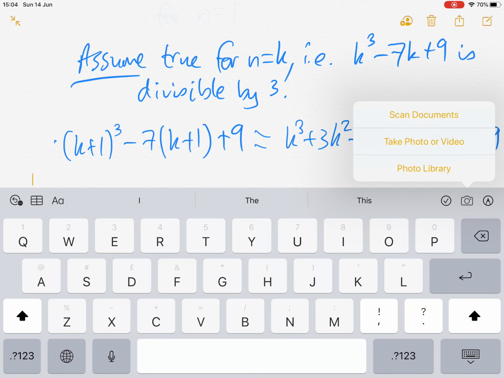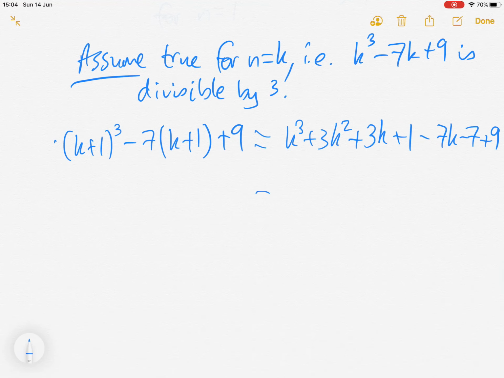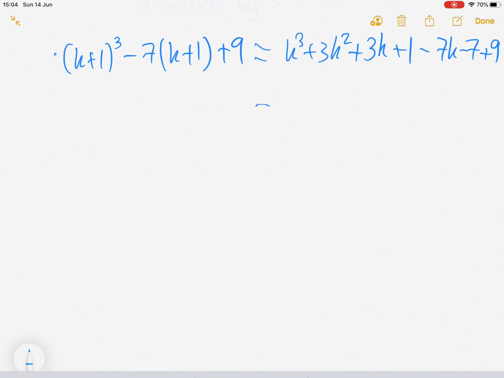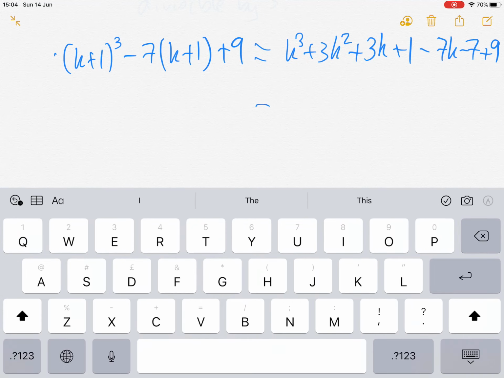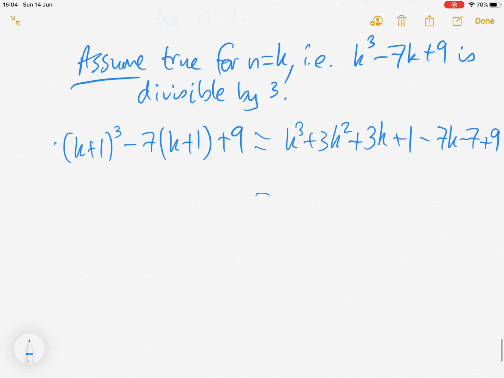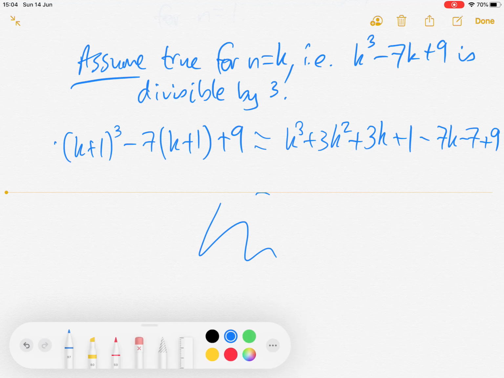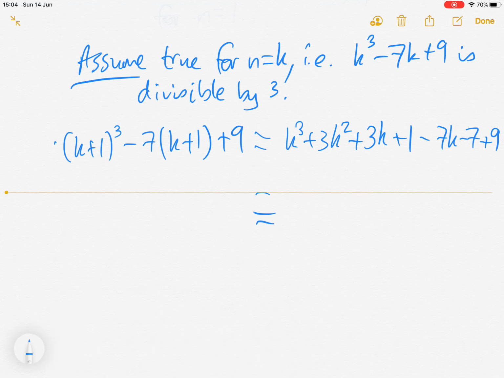And then this is equal to k cubed plus 3k squared minus 4k plus 3.